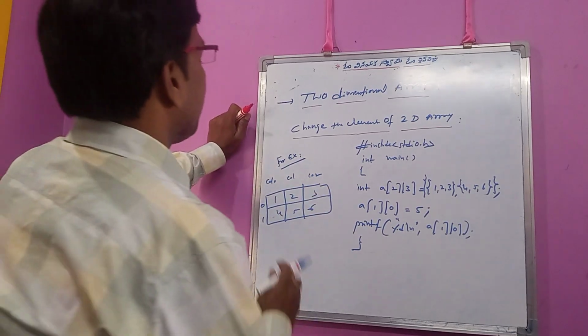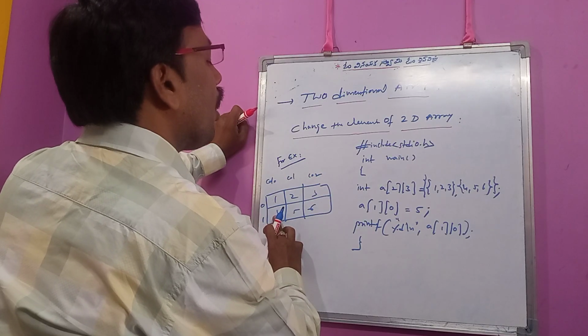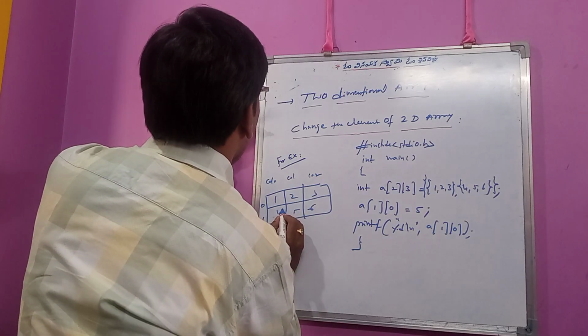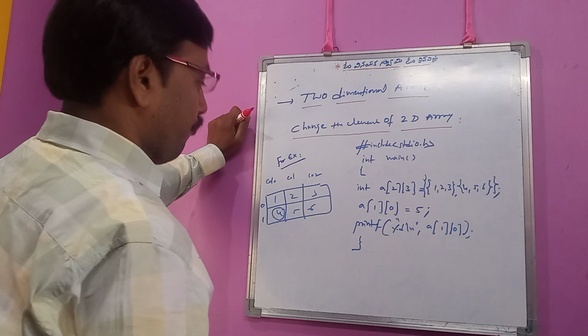Now here we have row 1, column 0, position will be 4. Here you can see the element is 4.